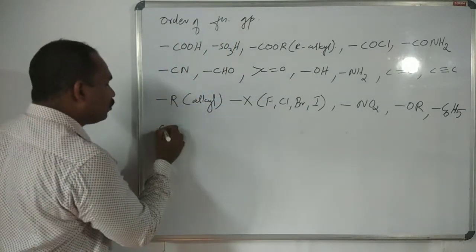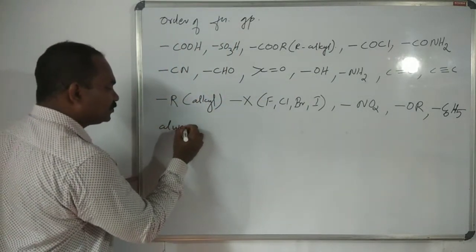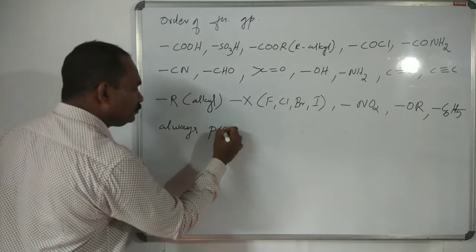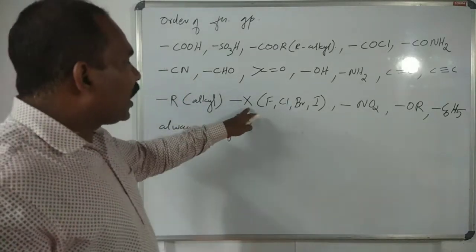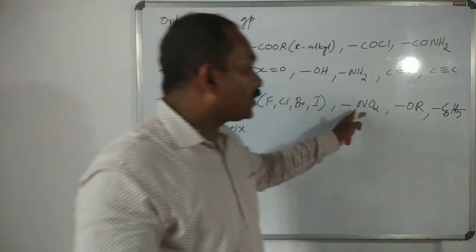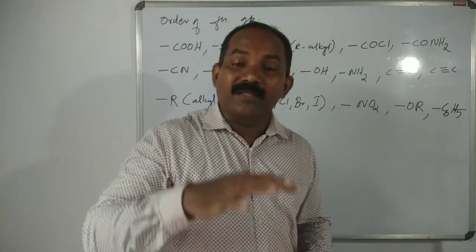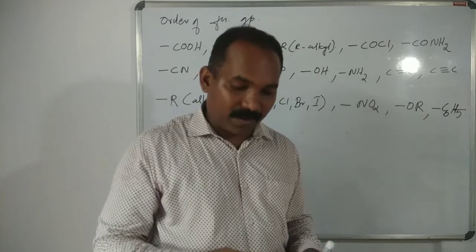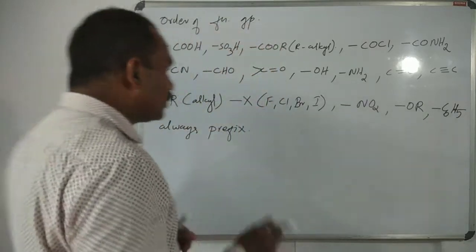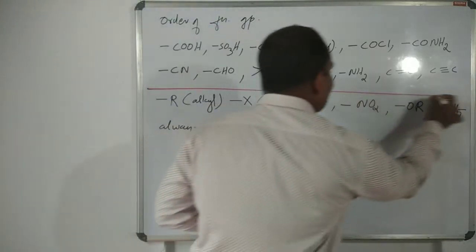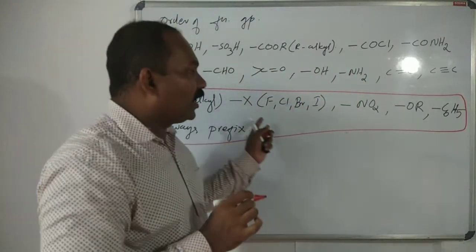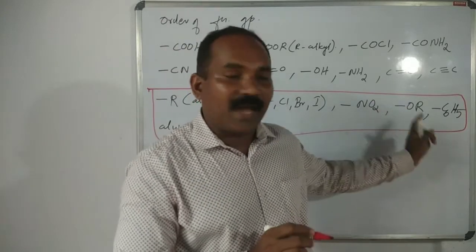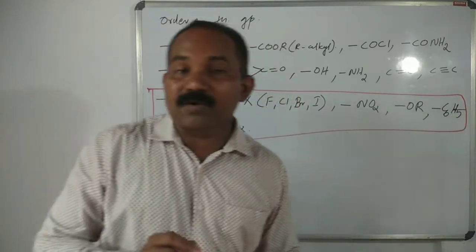These groups are always prefixes. Even though they are functional groups, halogen, nitro group and alkoxy group, we write these groups as prefixes.